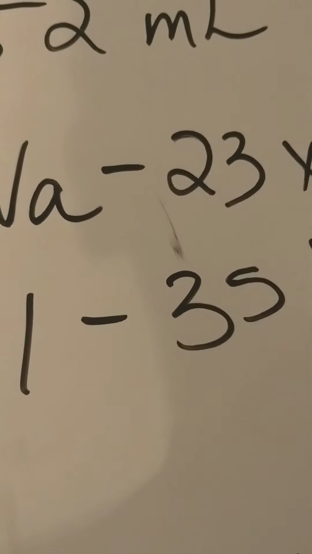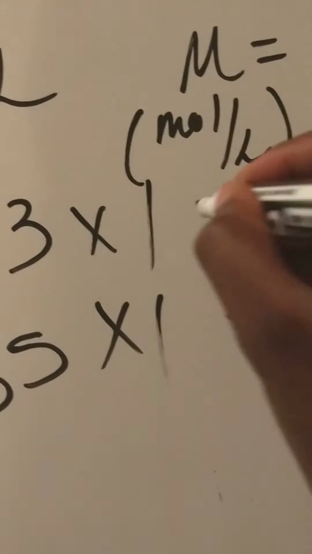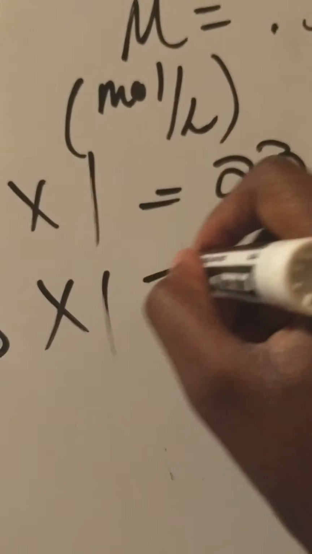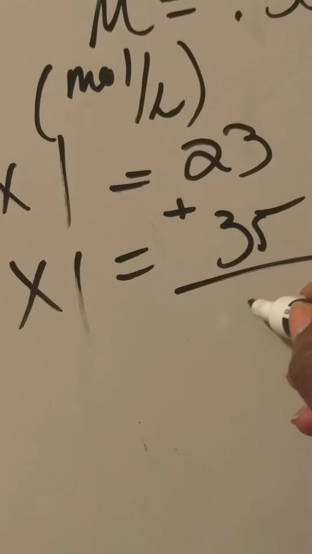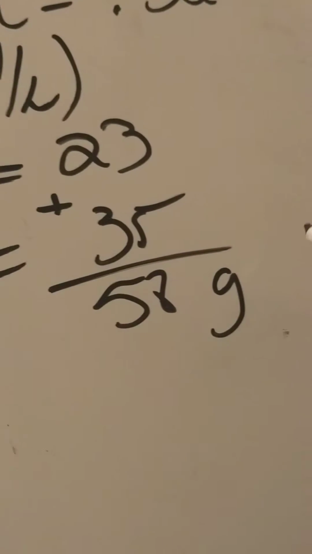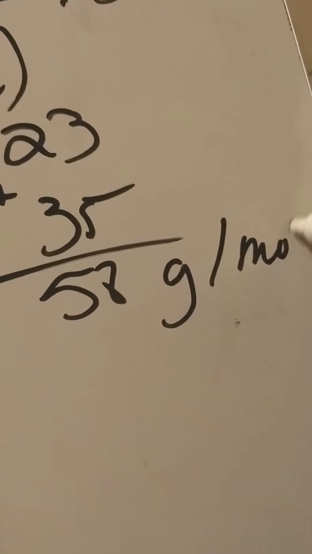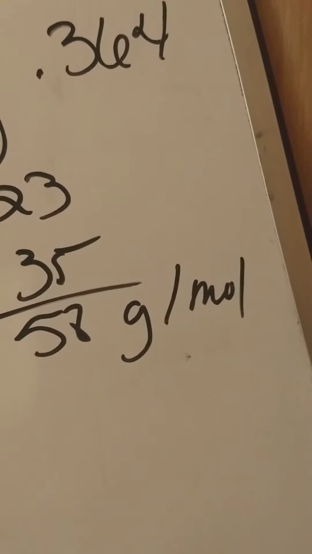There's only one of each in the formula, meaning 23 plus 35, which equals 58 grams per mole.